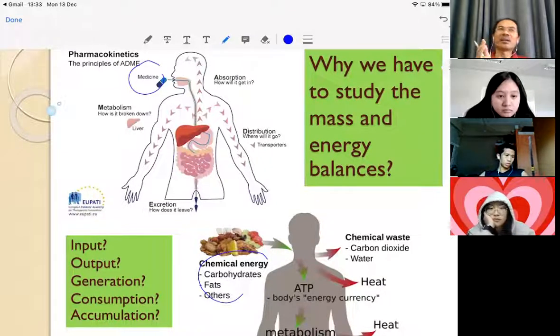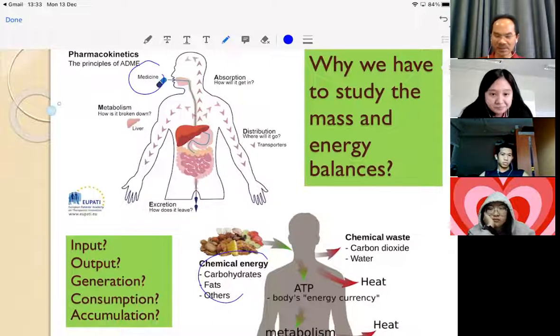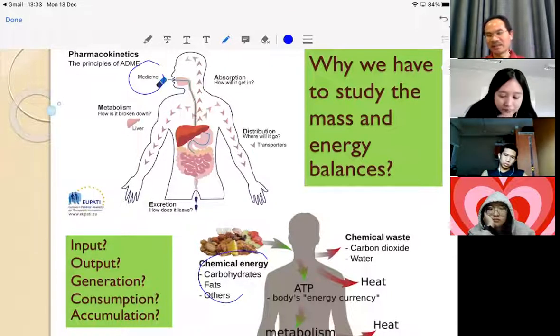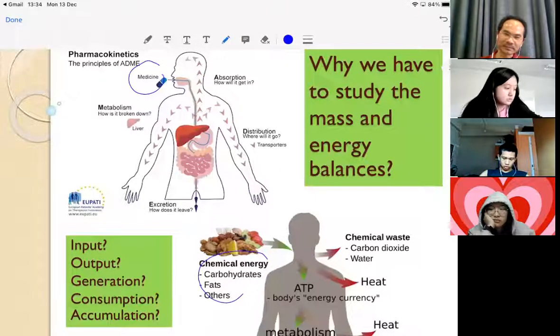If you check your body weight in the morning and in the evening, if you eat some food, your weight is increased. It's maybe 60 kilograms. And then you eat breakfast, lunch, and evening. Okay. In the evening or the next morning, you weigh your body.